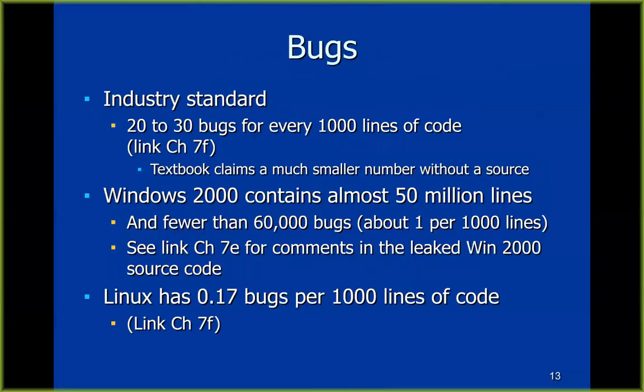So the industry standard is 2 to 3% bugs, which is pretty horrible. If you think about it, Windows 2000 has much less, one per 1,000. Linux has 6 times less, 0.17 per 1,000. And these are for old products where the source code became available in Windows. So Linux source code is always available, but nobody has 0 bugs.